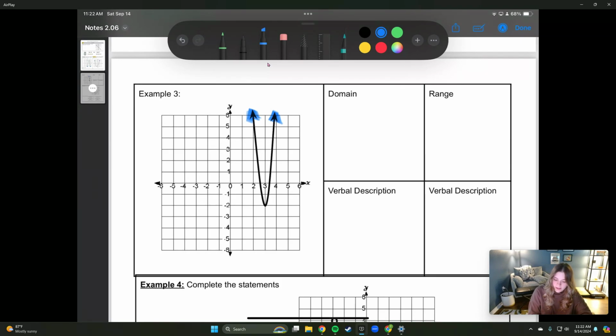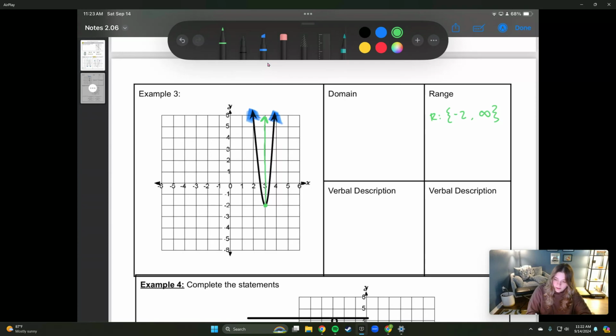Okay, now your range, you're paying attention to where that point is on that parabola. So, if it's at negative 2, that means your range is going to be negative 2 to infinity. Because it's going to go up and up and up and up and up.